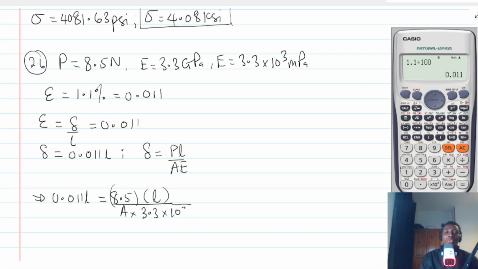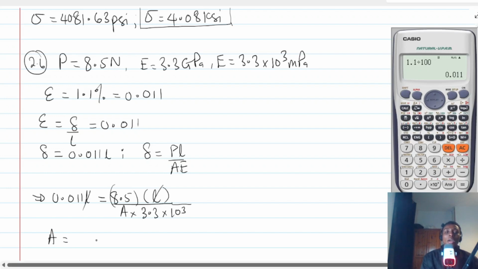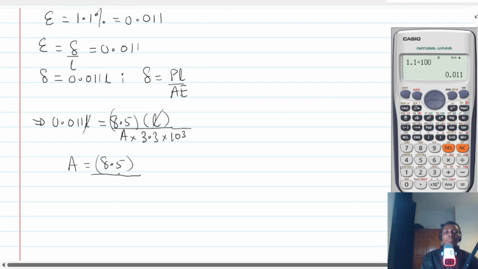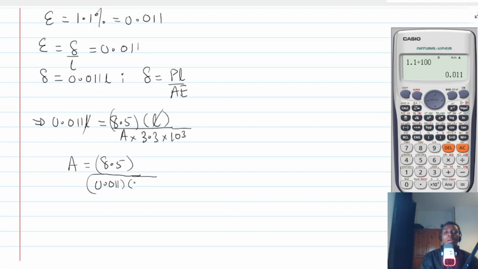So L will cancel L. Therefore, oh no, sorry, the area will be 8.5 divided by 0.011 multiplied by 3.3 times 10 to the power 3.